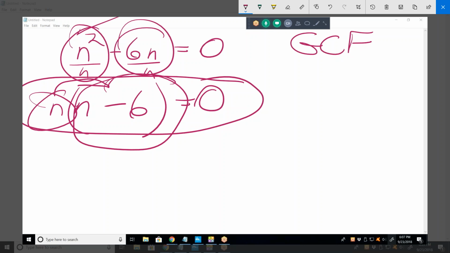So what's our next step? I know that n times the quantity n minus 6 equals 0. So what has to be true? One possibility. What else? What's the other term?